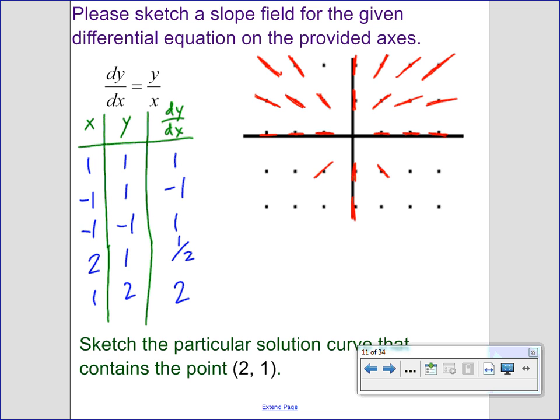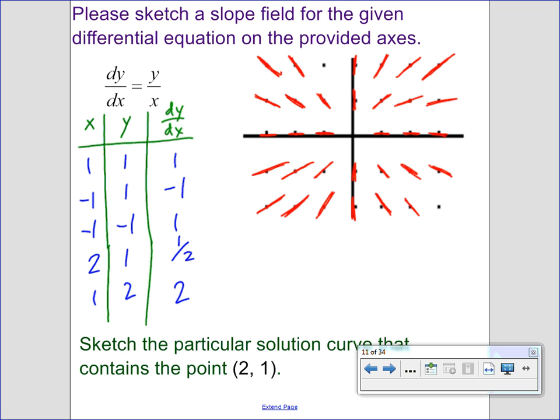As we get into the other quadrants, it looks like I'm less steep, and then steeper. Negative 2 and negative 1. What in the world? Okay.